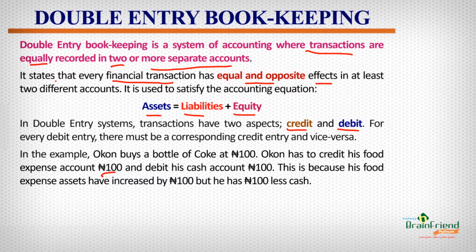So he is crediting food he bought. We are assuming that the bottle of Coke is food. So in the account for debit, he is putting a bottle of Coke there. But in his account for credit, he's putting 100 naira he used to pay for the Coke. We will have a table to explain this very clearly.